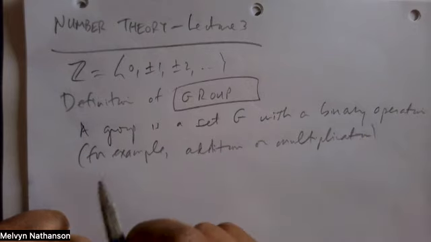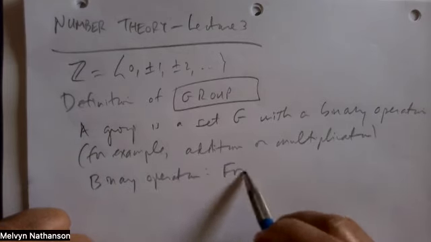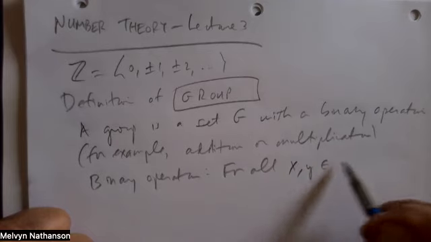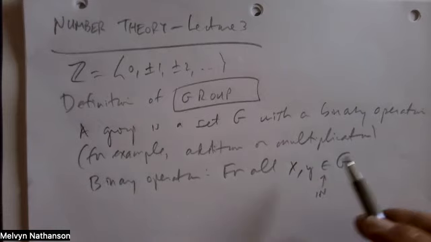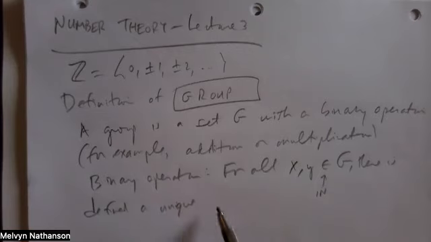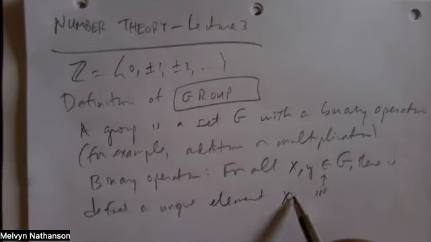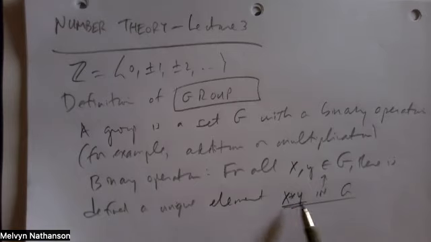By binary operation, we mean that for all elements x and y in the group, using mathematical notation where this symbol means "in the set", there is defined a unique element, which I'll write with the symbol x times y, in G. If x and y were integers and the binary operation were addition, this would be x plus y.